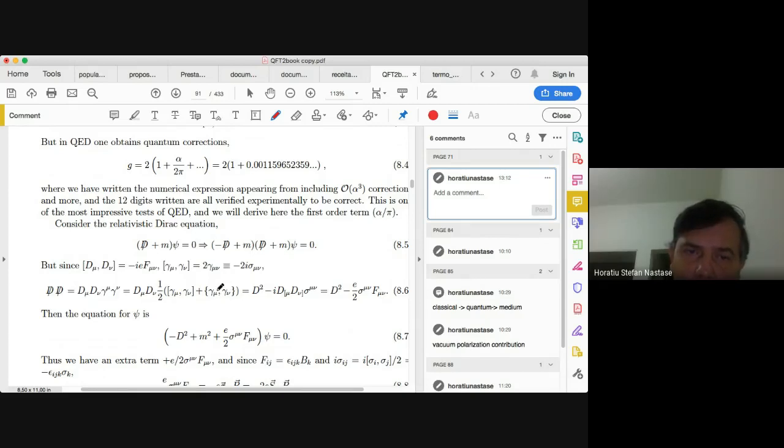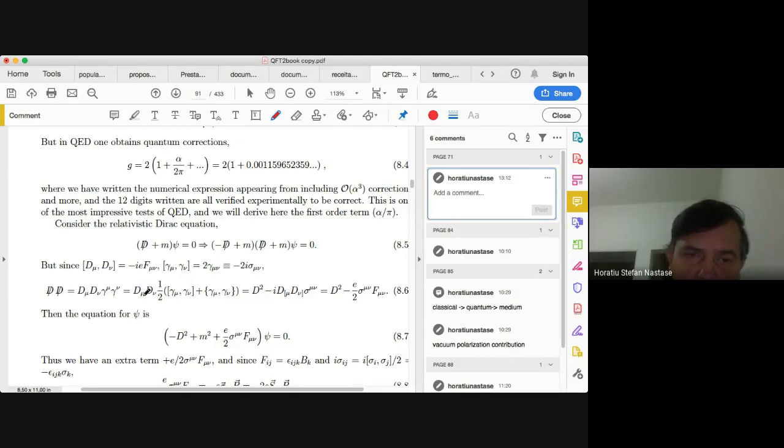So the anti-commutator of gamma mu with gamma nu is 2 times the metric, but then with the 1/2 we get just the metric. So contracted with this gives D squared. Right? This is like in obtaining the Klein-Gordon equation.